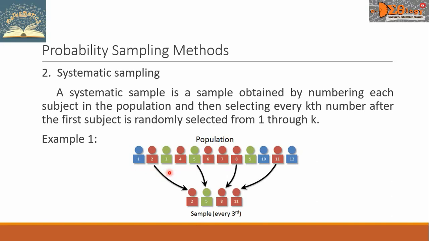In this example, the number 2 is selected. So the number 2 is placed as one of the samples. The next sample is the number 5. The next would be the number 8. And the next is number 11. Again, the sample is taken every third member of the population.